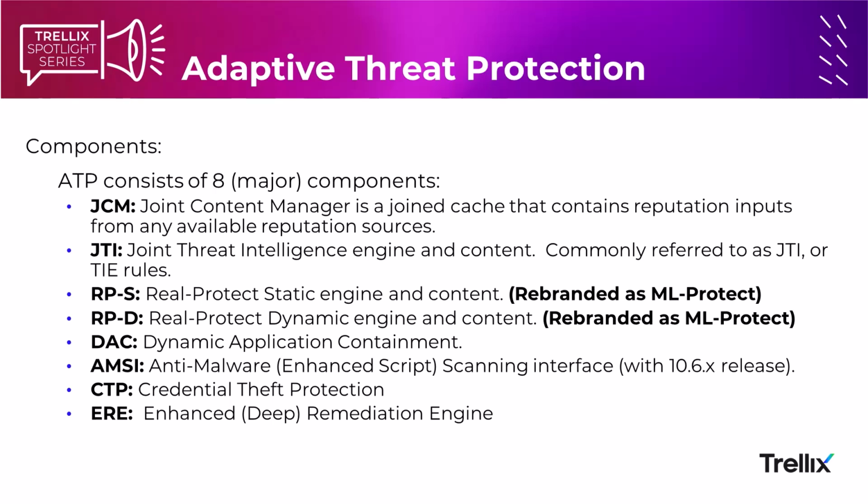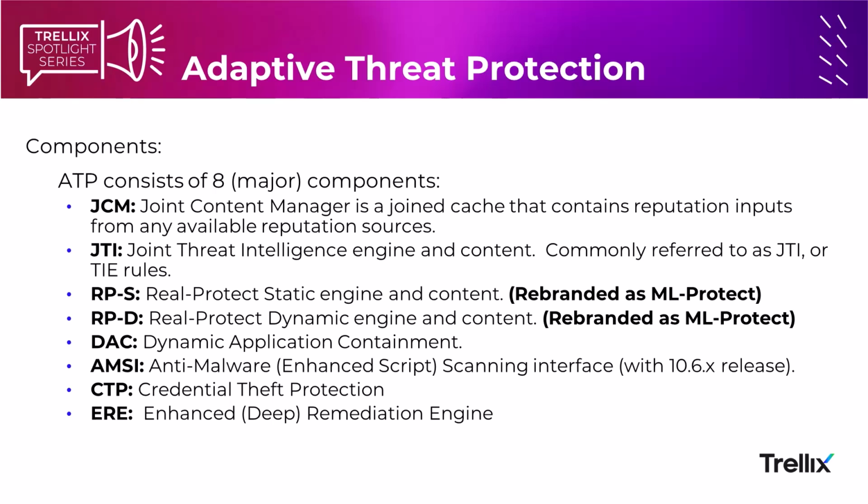So all of these are important pieces to the product. They are designed, obviously, to work together, except for really the AMSI piece. While it is built into ATP, and there's also an AMSI scanner in threat prevention, this AMSI piece is kind of a separate piece.